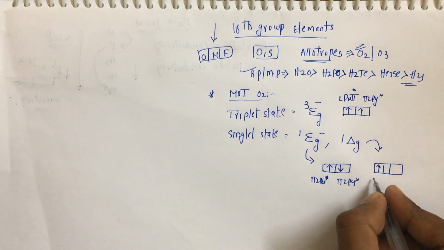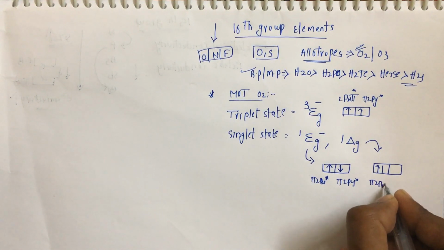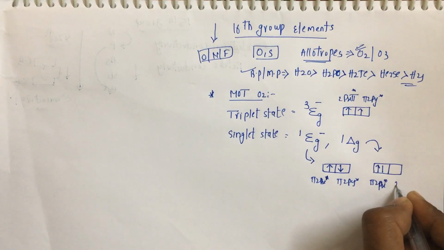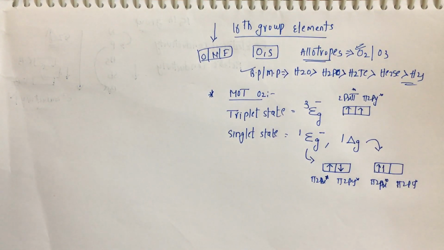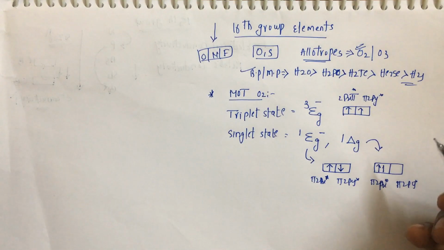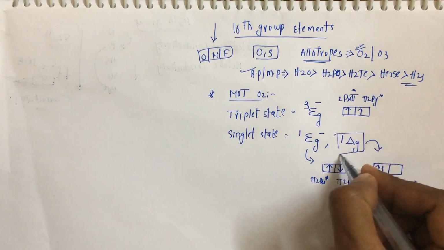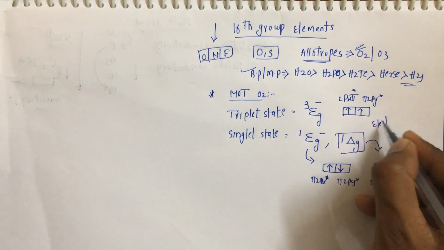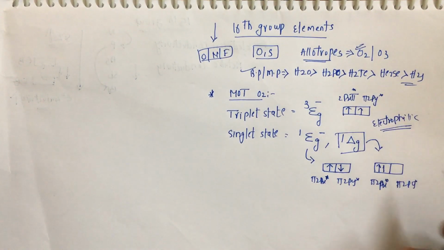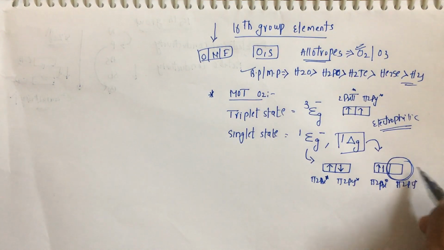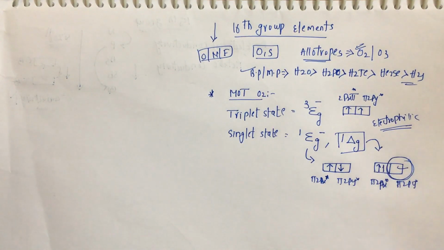In that case this term is possible. Now what we need to remember is that this term symbol is electrophilic in nature. Why is this electrophilic in nature? Because as we can see here, we have one vacant orbital, because of that this is electrophilic in nature.